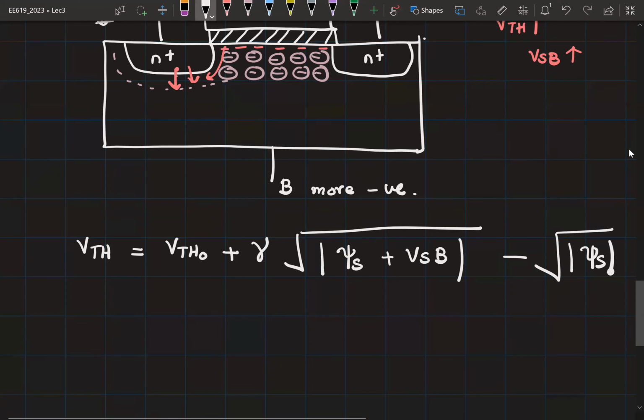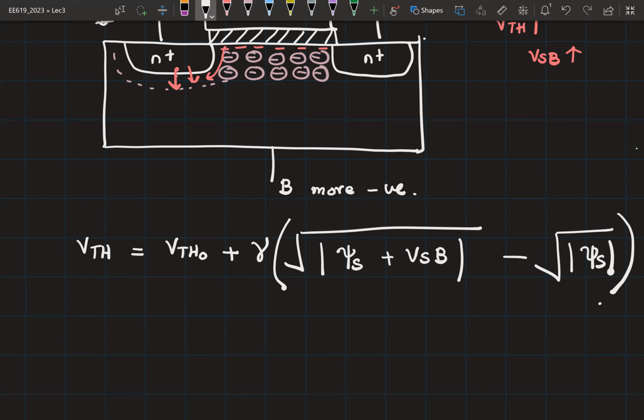So the psi s is basically 2 phi f. I'm writing it as mod psi s because for NMOS it doesn't make much difference. The value is positive. When you finally deal with PMOS transistors, the psi s value is going to be negative. Hence the mod sign.